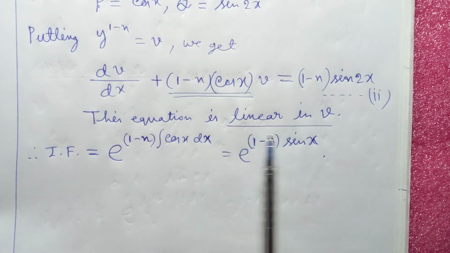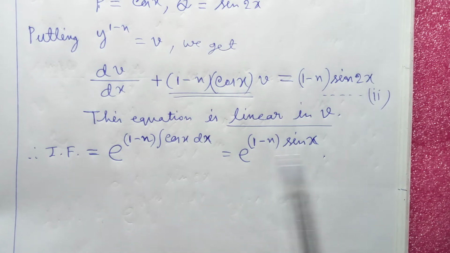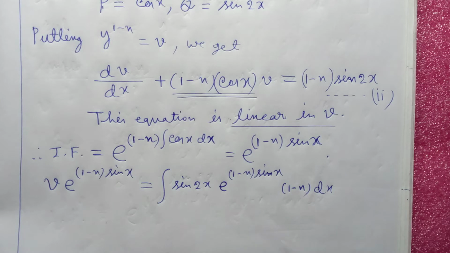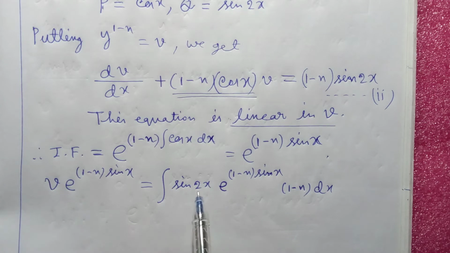Multiplying both sides of equation 2 by this integrating factor, we ultimately get v into e to the power 1 minus n sin x is equal to integration sin 2x e to the power 1 minus n sin x 1 minus n dx. We are getting ultimately this thing.